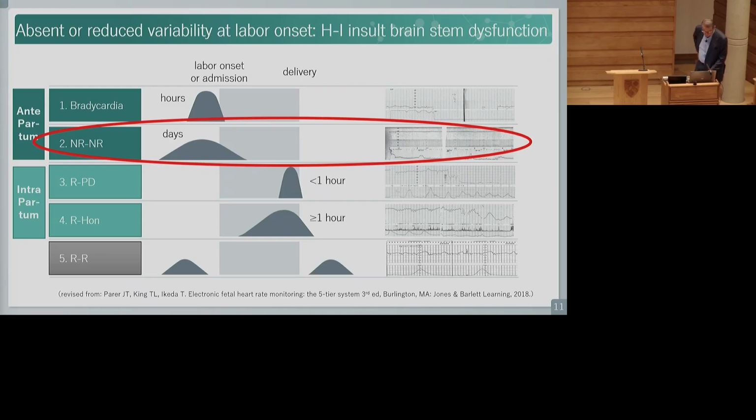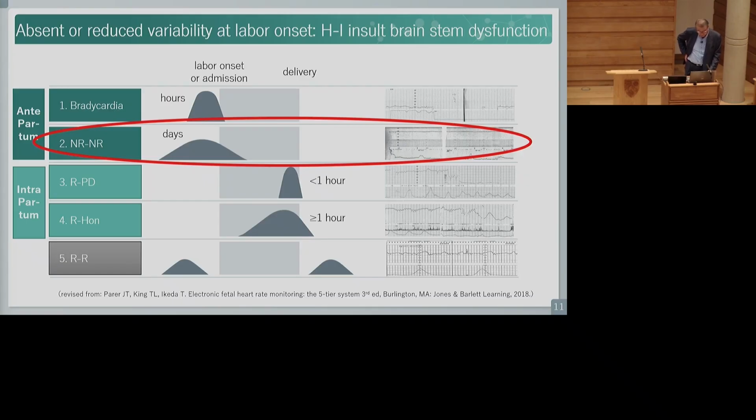This concept is also consistent with clinical observation in cerebral palsy, as Dr. Nakao said in the last session. Some fetuses already show absent or markedly reduced variability at admission or at the onset of labor.